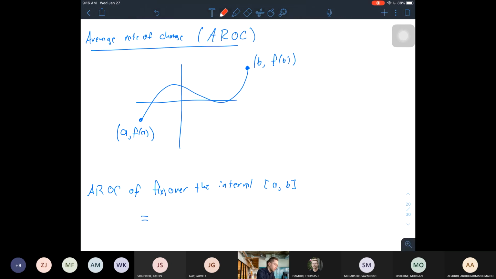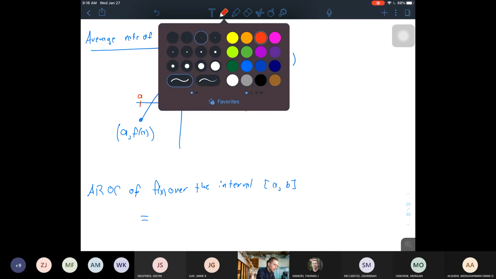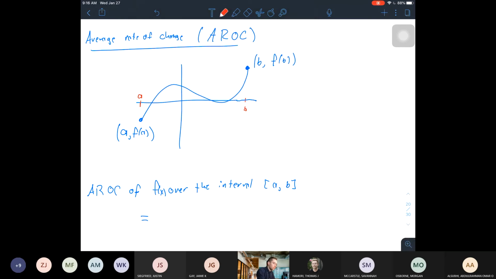So the interval here is, I'm talking about the domain going from a to b. What we call the average rate of change of this function over this interval is the slope of this line, which passes directly through a comma f of a and b comma f of b.